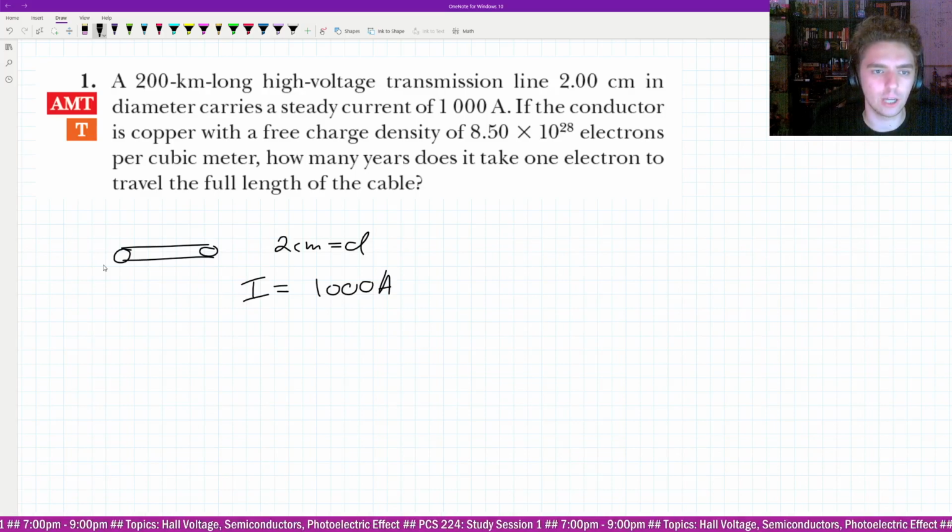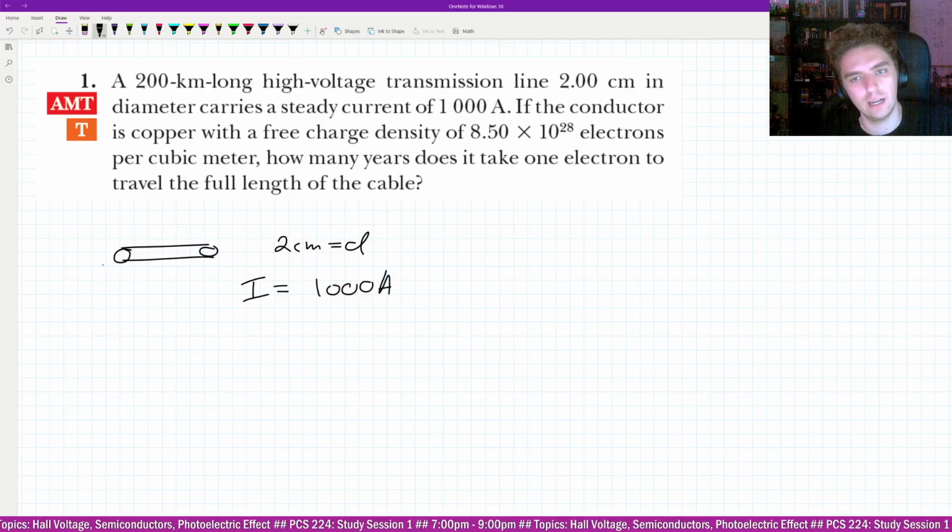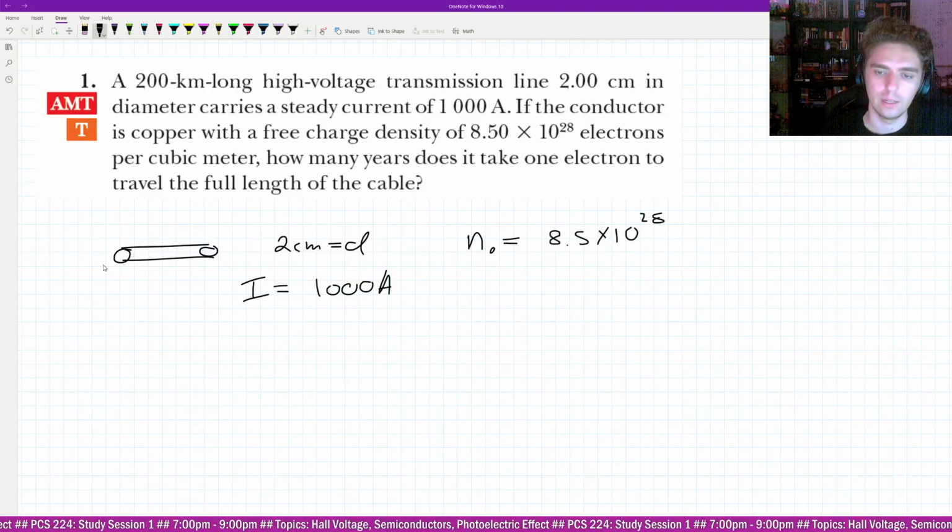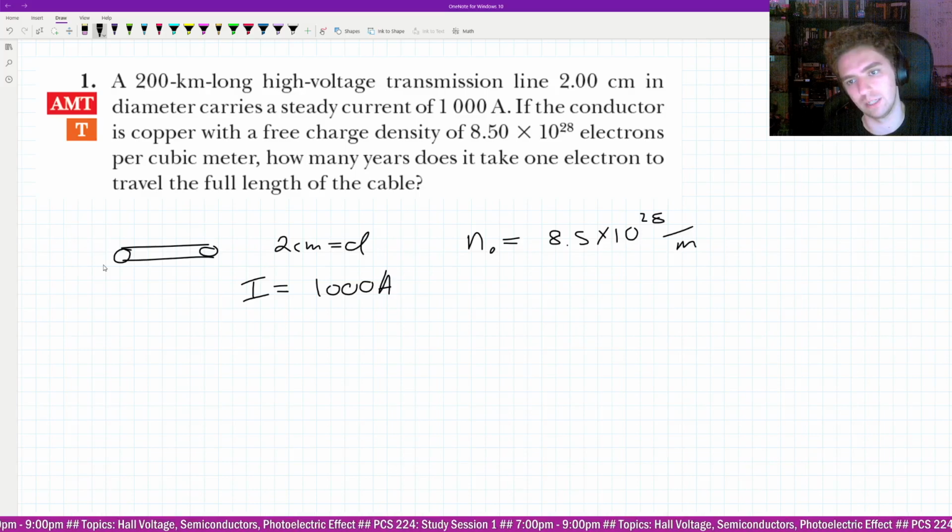If the conductor is copper with a free charge density of electrons, n0, equal to 8.5 times 10 to the 28, that's how many electrons we have per meter cubed, how many years does it take one electron to travel the full length of the cable?